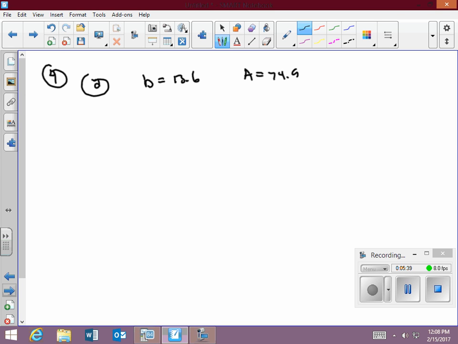And you're assuming that the units are correct. And so they're wanting to know the height. The formula is base times height equals area. So the height is area over base. 74.9 over 13.6. Okay, 5.51.